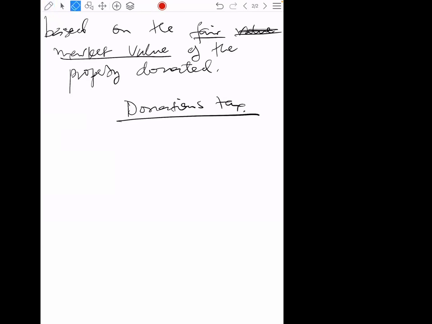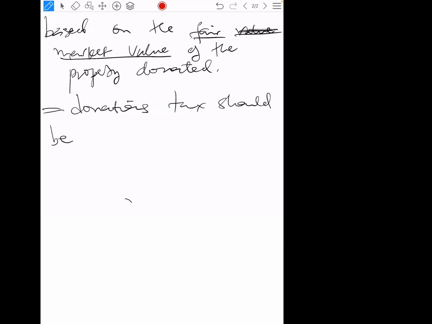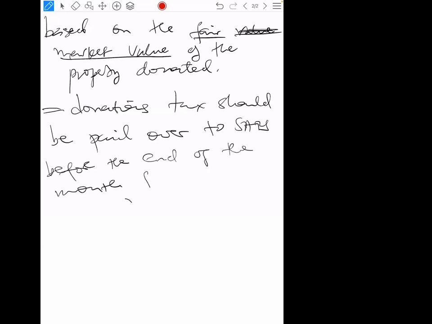Okay, now before I go to that one, let me tell you when this 20% should be paid over to SARS. I'm going to say the donations tax should be paid over to SARS before the end of the month following the month in which the donation was made.